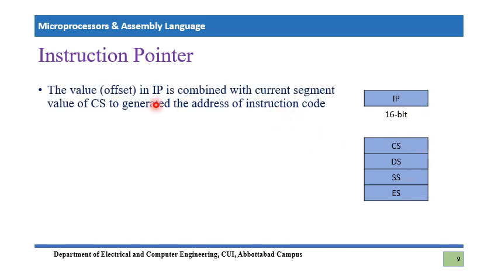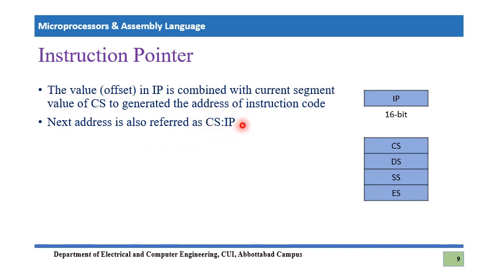We know that the offset value in IP is combined with the current segment value of CS. What is an offset? Offset means the point where you actually are in the segment, and CS is the current segment value, which means the base address of the segment. So the IP value is the offset value and the CS value is the segment or base value, and together they are referred to as CS colon IP.